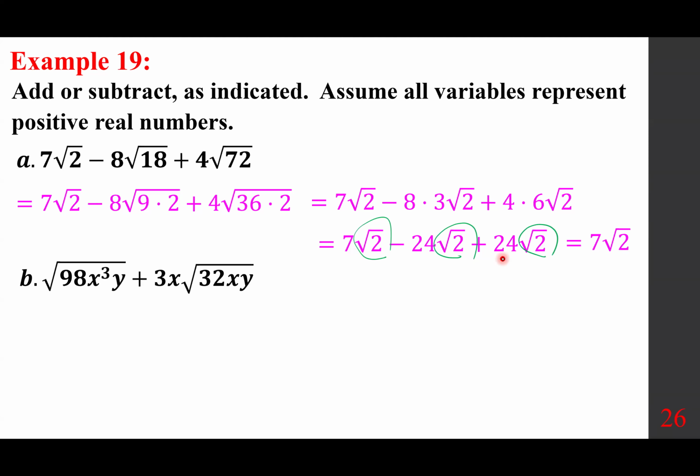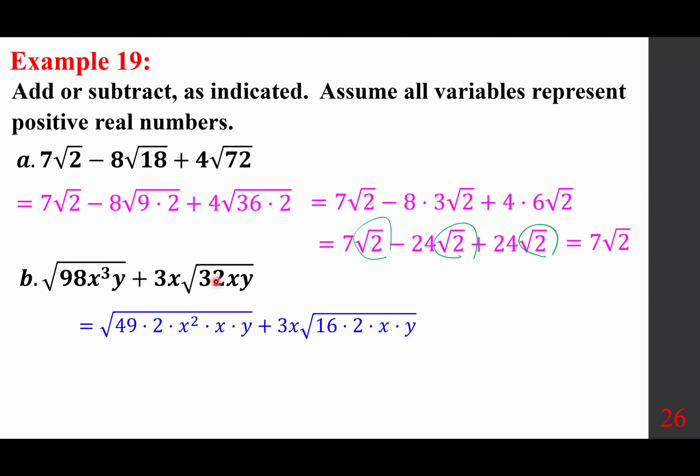All right, let's see. This one again, you can do the factoring, but you may recognize this as 49 times 2. Sometimes it's easier to see the bigger picture, okay? And if you do see it, you're done practically. 98 is 49 times 2. X cubed, 3 divided by 2 is 1, remainder 1, or just write it as x squared times x. This is a done deal. 32 is 16 times 2.